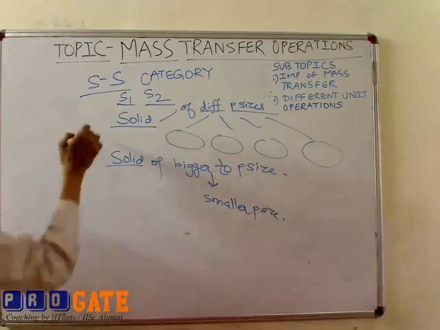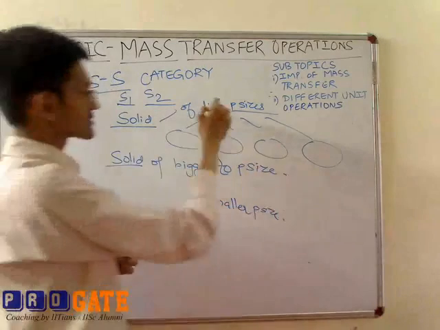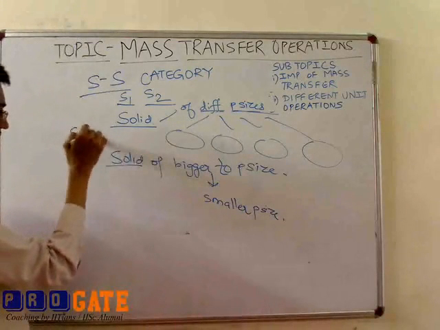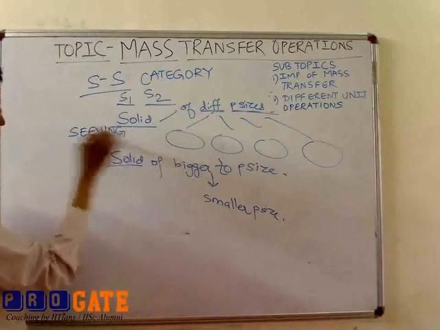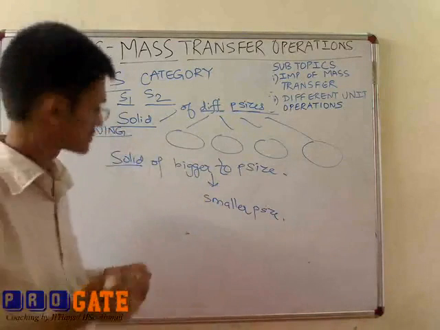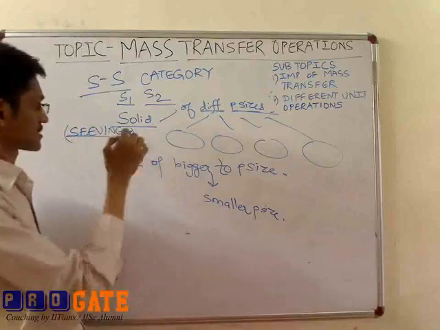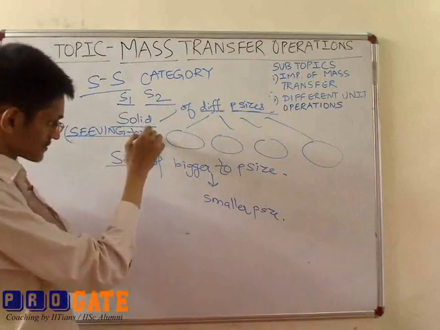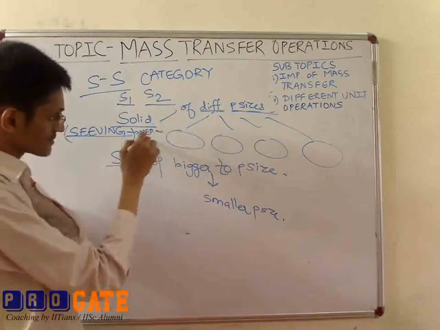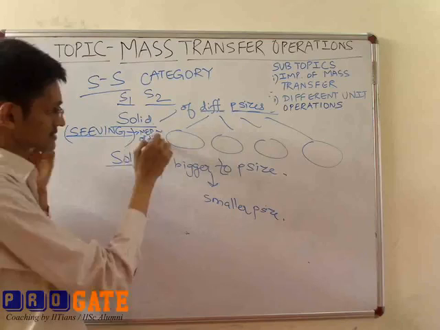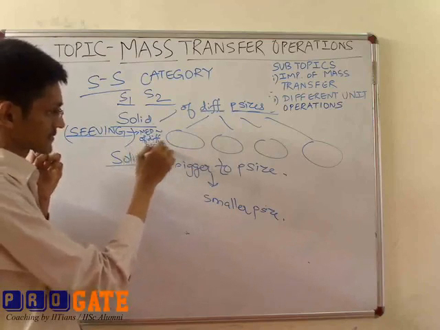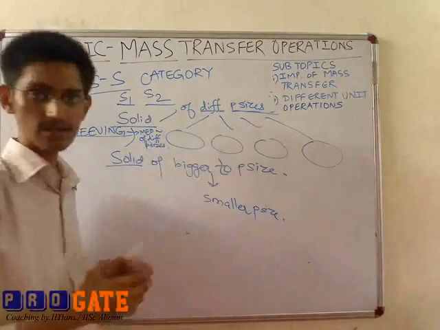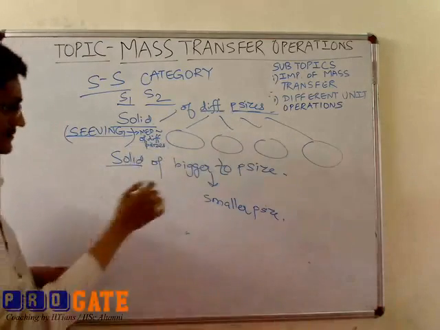The operations involved would be, if you want to separate particles of different sizes, sieving. That will involve using a medium similar to a filter medium with different pore sizes, in which the particles get separated according to particle size.